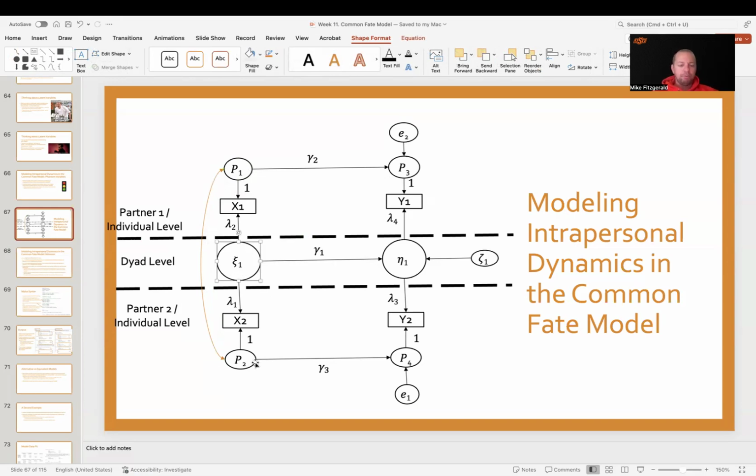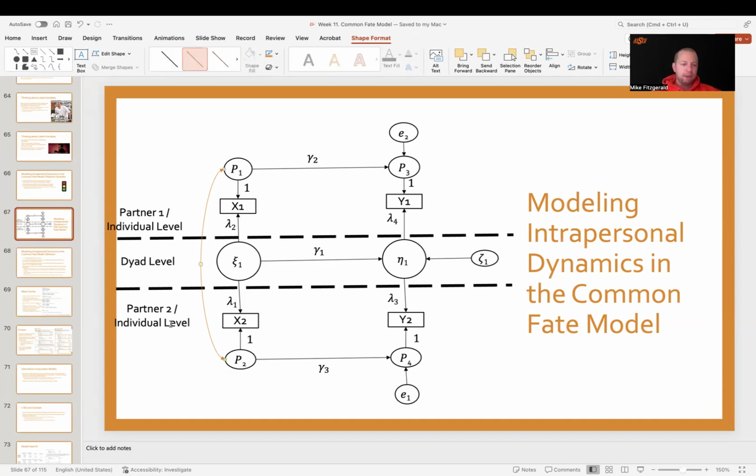If we recall what P1 and P2 represent, it's my individual perceptions that are unshared with my partner. So why would that be correlated with my partner's unshared perceptions of the relationship or of their evaluations of me?